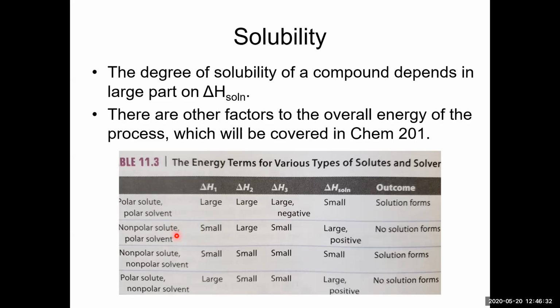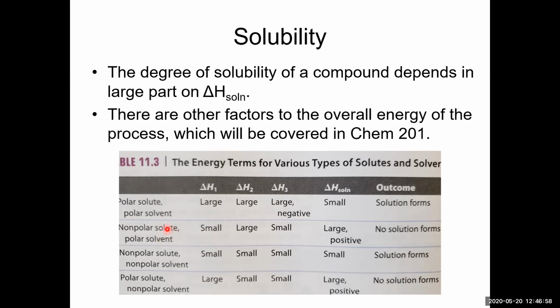If you have a nonpolar solute, it does not take much to break them up from each other because their intermolecular forces are small. But the polar solvent needs a lot of energy to break one water molecule from another water molecule. Then when you put them together, their intermolecular forces with each other are small. So this is sort of like if I was to put oil and water together.